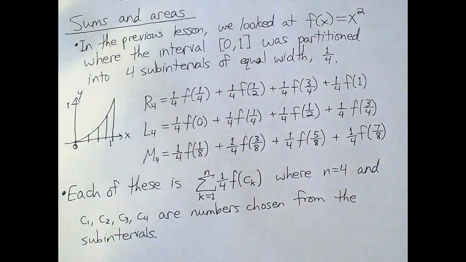That determined what the c's were. But other than that, they all have the same structure. They can all be written with sigma notation with a 1/4 f of something. And I used the lowercase n for the number of rectangles, which we mostly focused on n equals 4 rectangles, but you could also have a different number there.